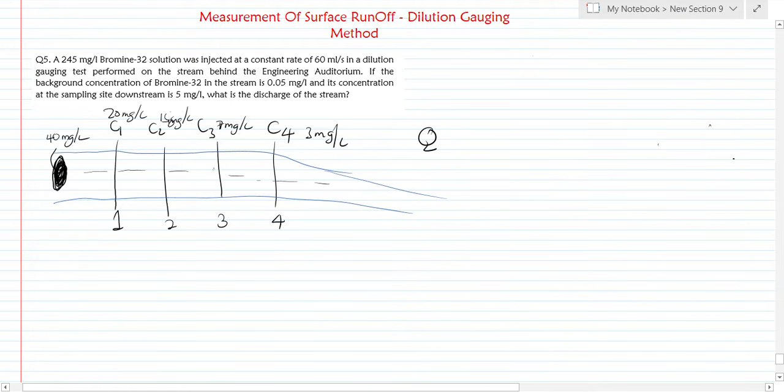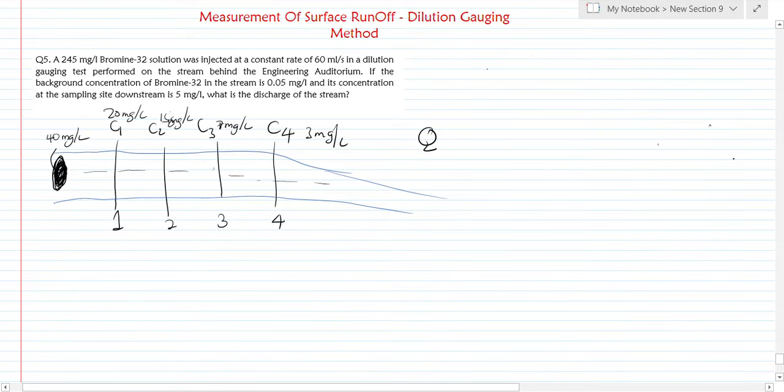It is mostly used when the stream flow is not turbulent, so it is a much more gentle flow.